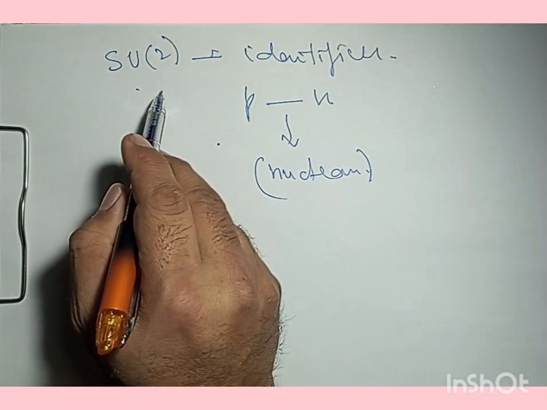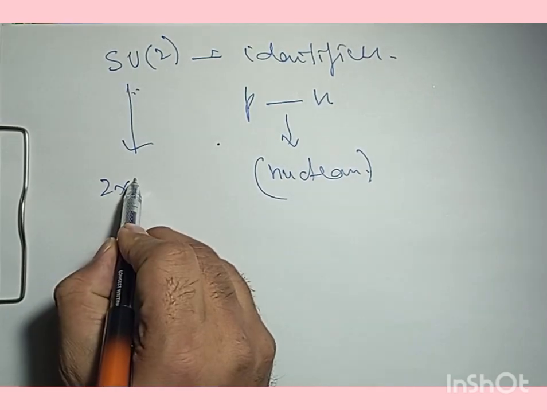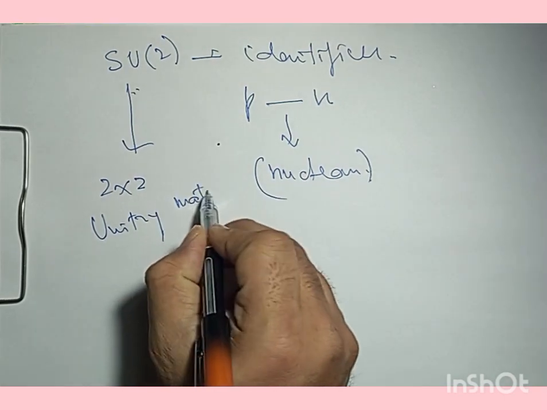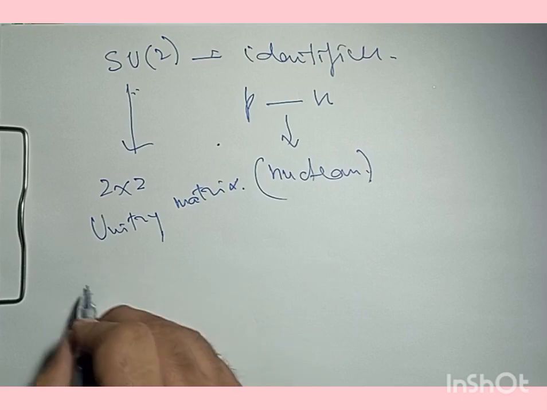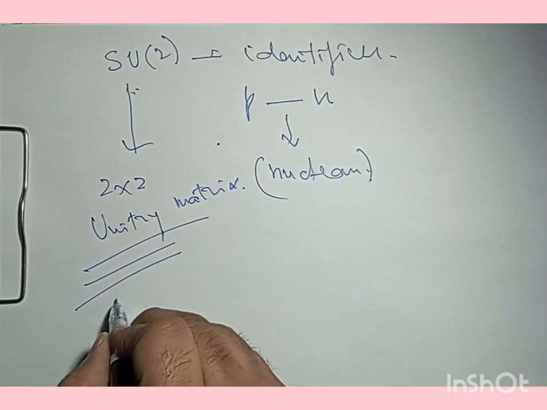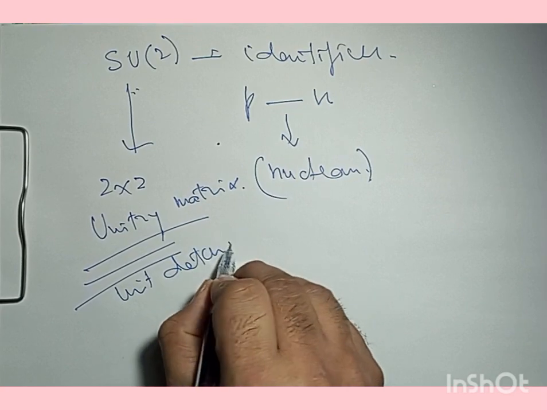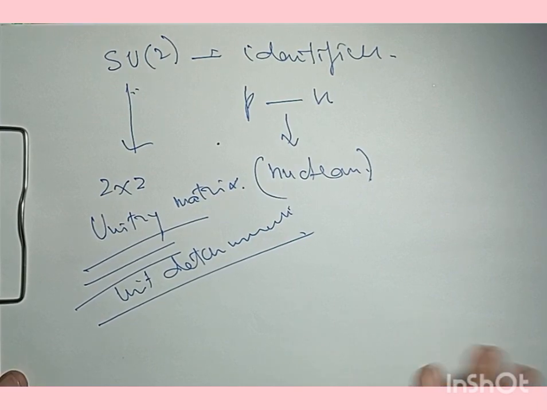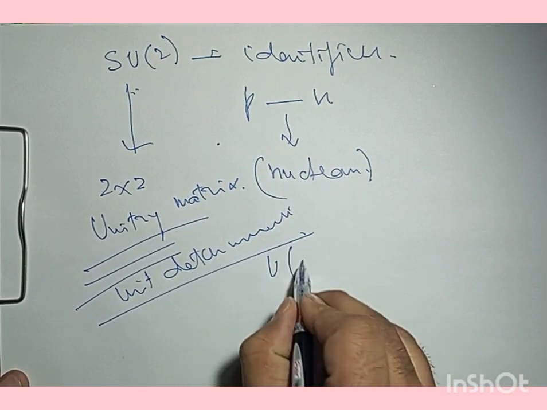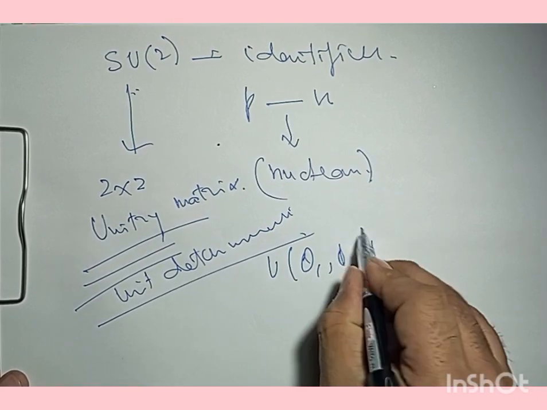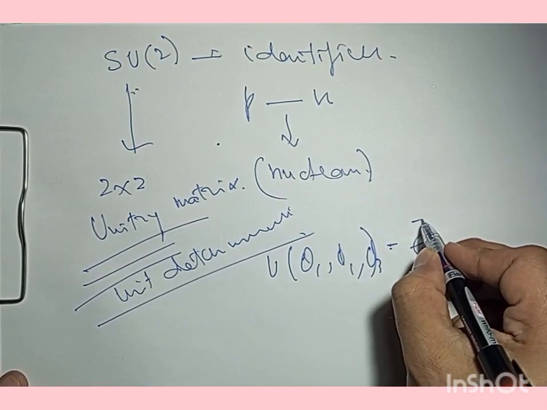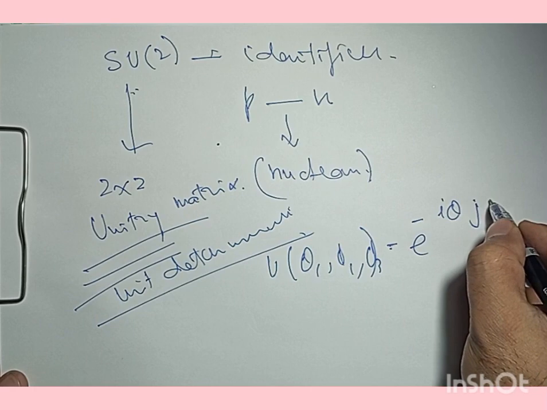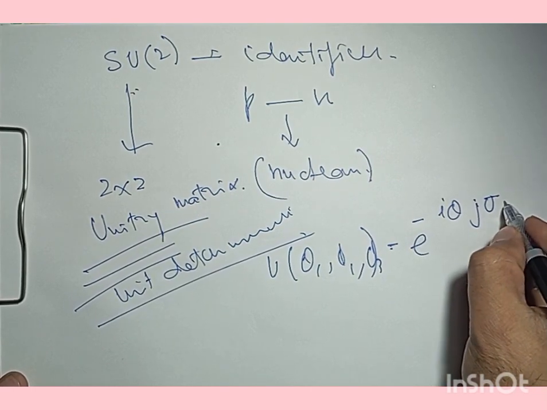this SU(2) symmetry is a 2 by 2 unitary matrix with unit determinant. Now, this unitary matrix U, as a function of, say, theta 1, theta 2, and theta 3, is given by e to the power of minus i theta_j sigma_j.